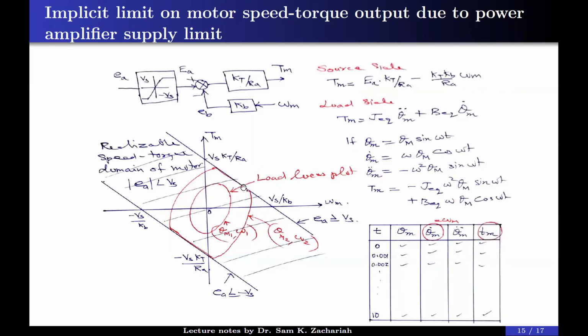That's why the torque drops down, and it will become zero when KB into omega m is equal to plus Vs. That is, the full supply voltage is cancelled by the back EMF, and there is no extra delta V to drive the current through the armature resistance. Current becomes zero, and also the torque will become zero.